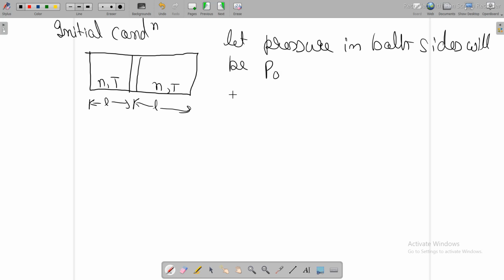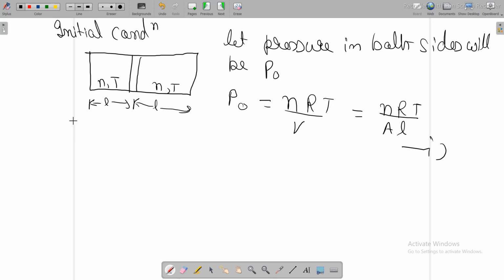Therefore the pressure on the left or the right side can be calculated by PV equals nRT. Therefore P naught equals nRT over V naught, where V is equal to area into length L. So this is the first part.